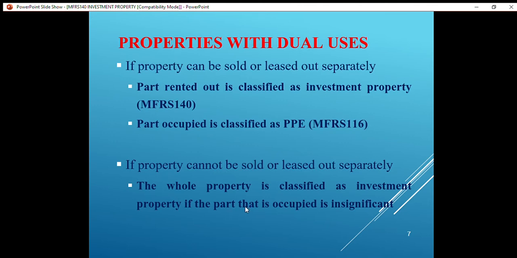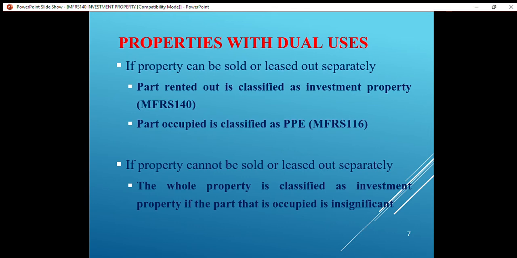Usually more than 30% is considered significant. So if the portion occupied by the owner is significant, for example, half of the building is used by the owner as administrative office, then the whole property should not be classified as NIP but as PPE under MFRS 116.